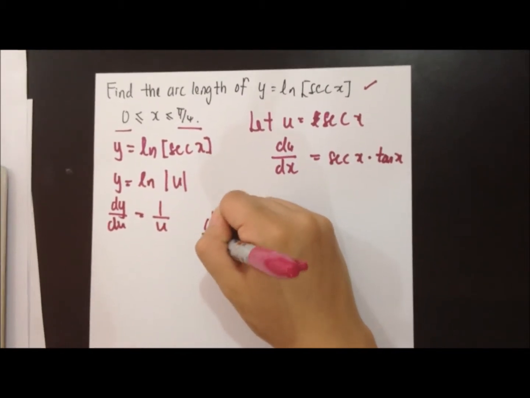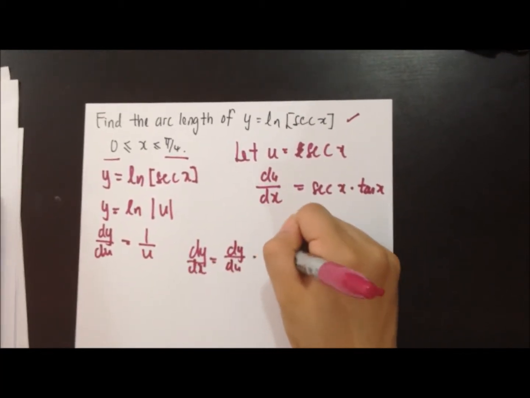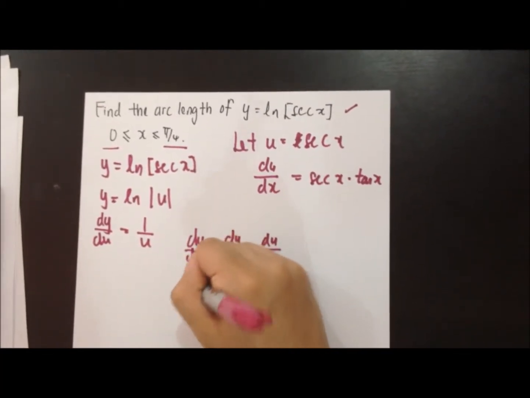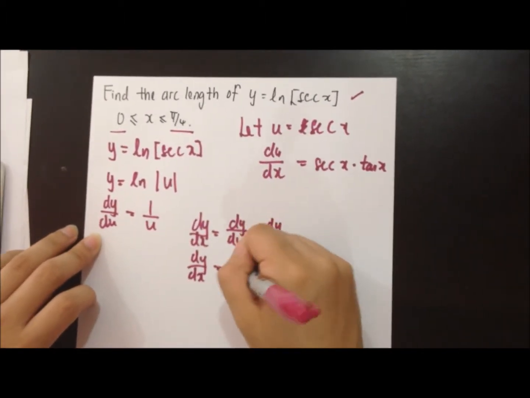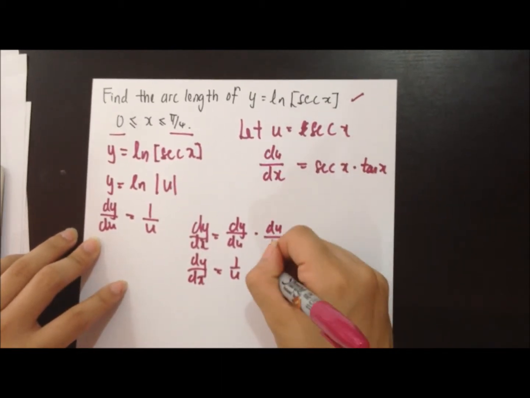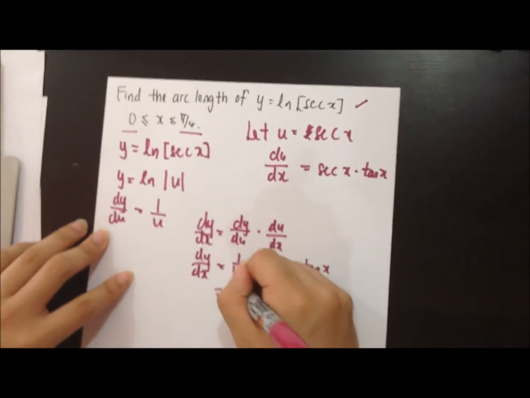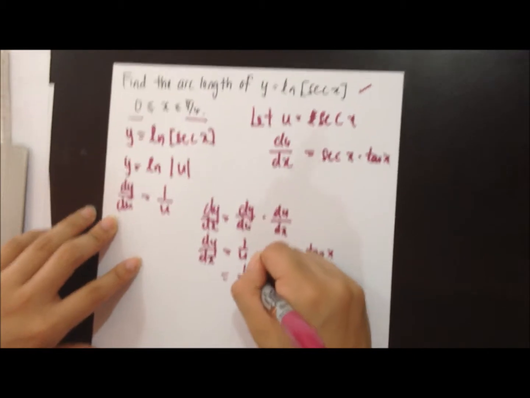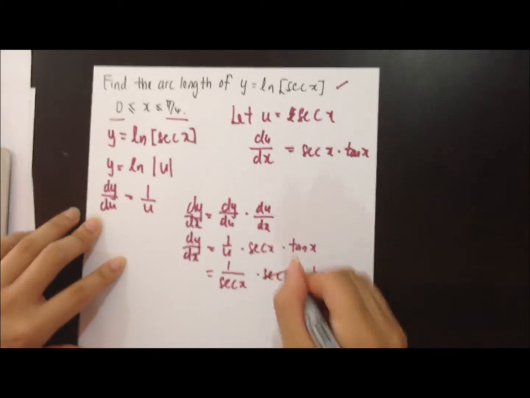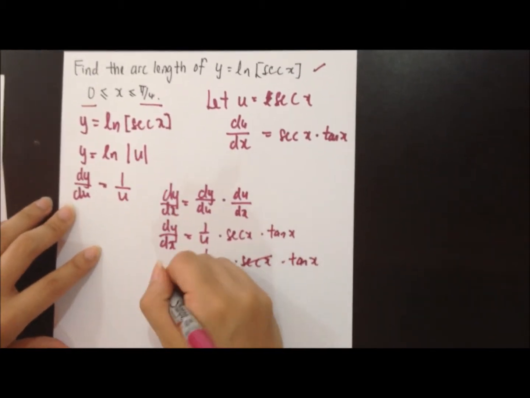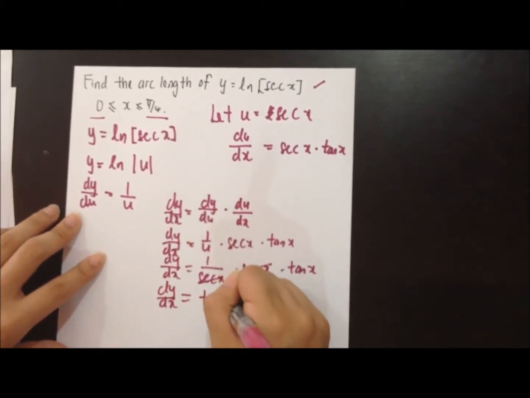So dy over dx is equal to dy over du times du over dx. So dy dx is equal to 1 over u times secant x times tangent x, and the u is the secant x. So we can substitute it. So the dy dx is equal to tangent x.